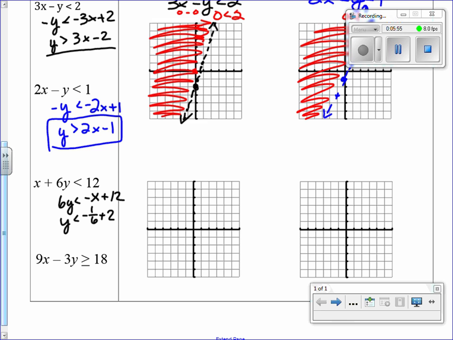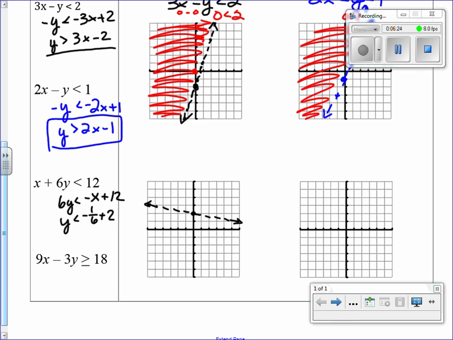So I go ahead and graph that. My y-intercept is 2, my slope is negative 1/6. So down 1 over 6, 1, 2, 3, 4, 5, 6, and back up 1, back 6. It is not the steepest of slopes. It's a dashed line because of that less than symbol.